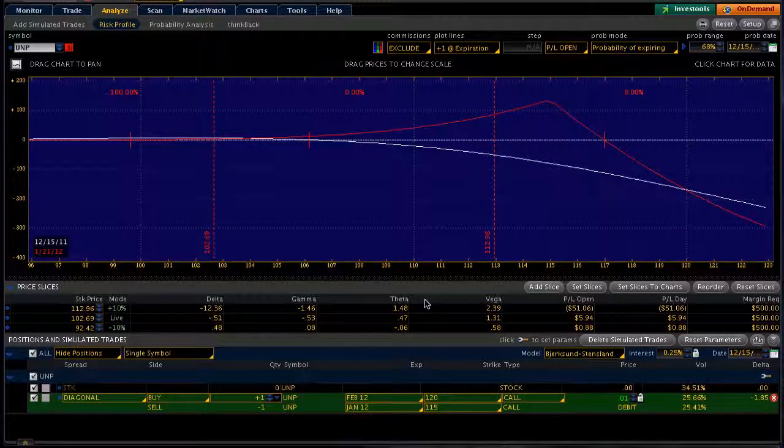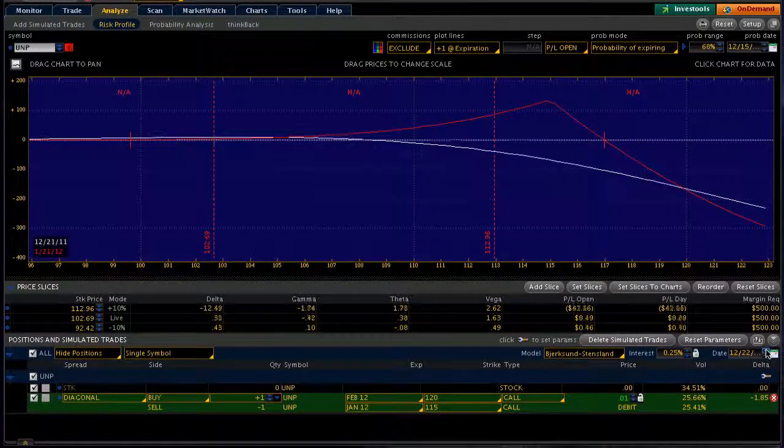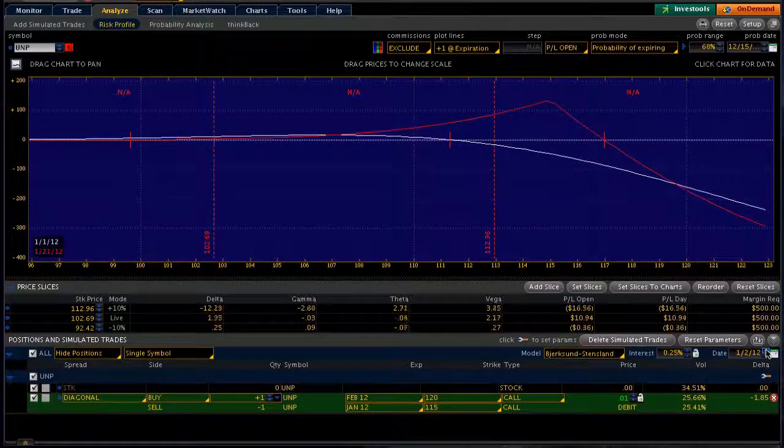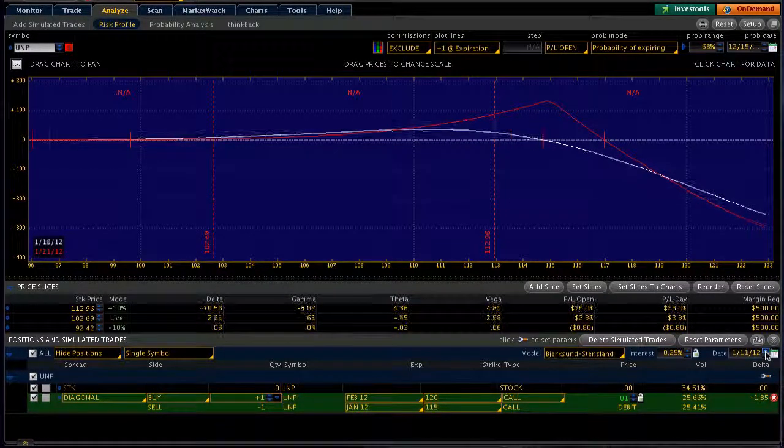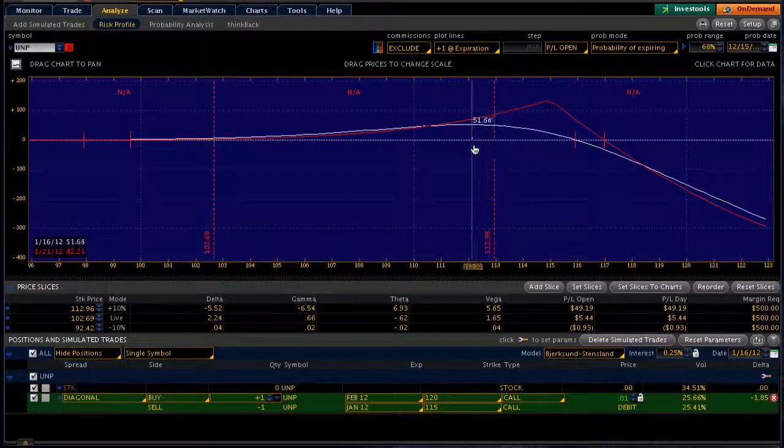This is a theta positive position, because we're collecting 47 cents in theta. So as time passes, with time decay, you are collecting money, as you can see from the P&L and the theta. It just keeps going up, and then all of a sudden it expires.